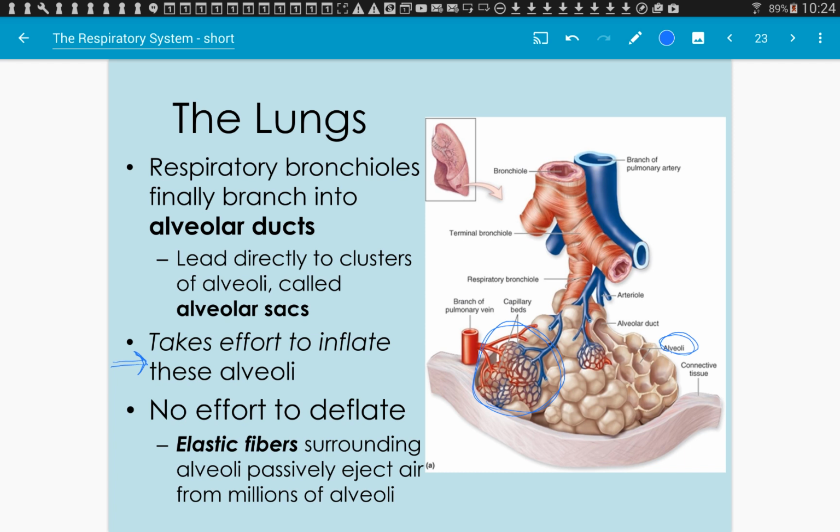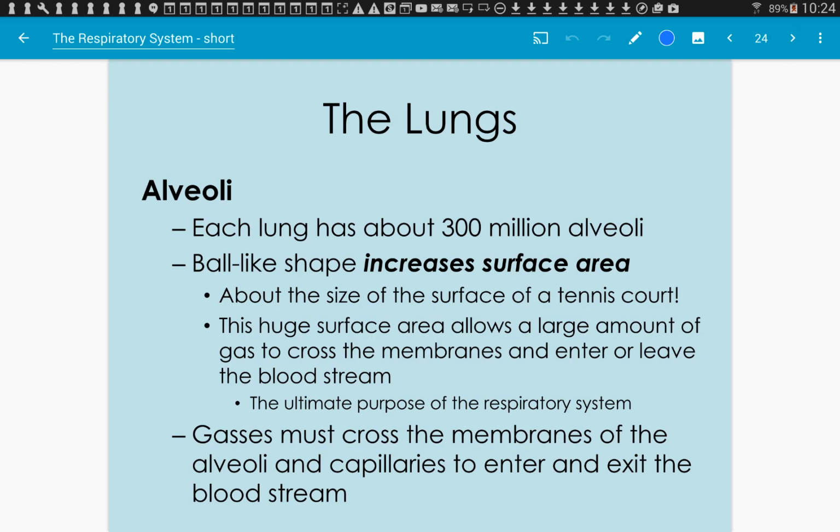All right, we have talked about the surface area of the alveoli. There's a massive amount of surface area within your lungs for gas exchange. And so that shape we've discussed does increase the surface area.